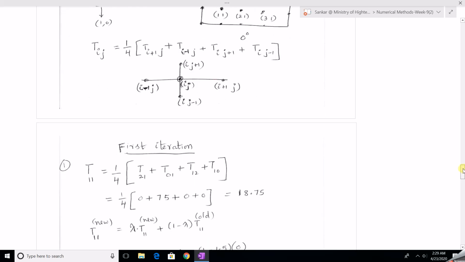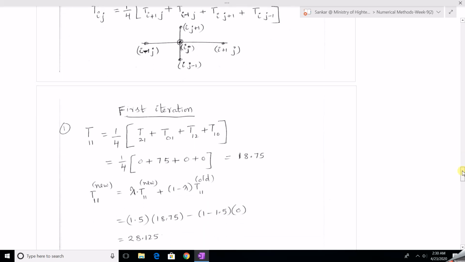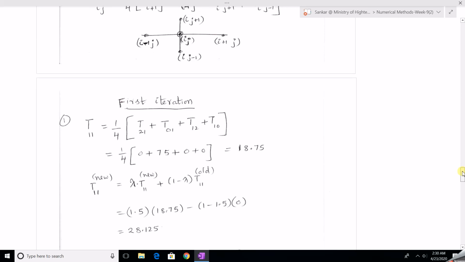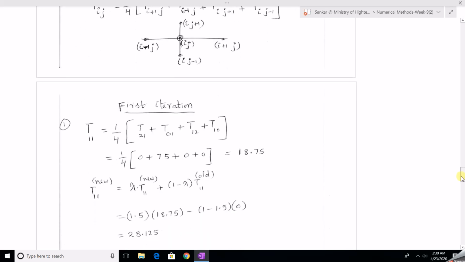Next, we go for a better approximation of the same value T11. So we use the over relaxation formula we have seen before: T11 new is equal to lambda times T11 new plus 1 minus lambda times T11 old.